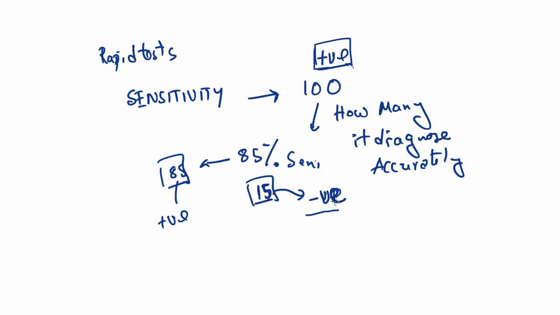For rapid tests we require very good sensitivity, because it should be picking up the diagnosis almost all the time. And another indicator we need for rapid tests is specificity. Specificity means, say we have 100 normal patients, who don't have any coronavirus infection.